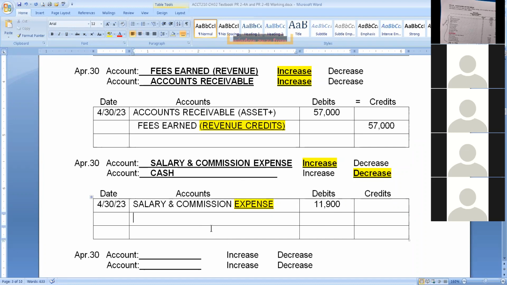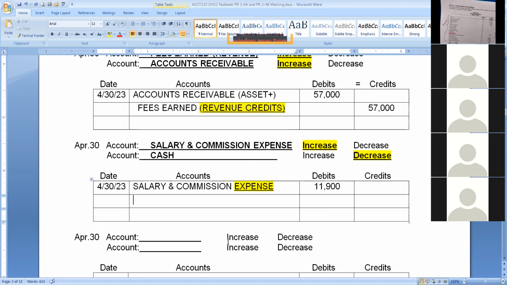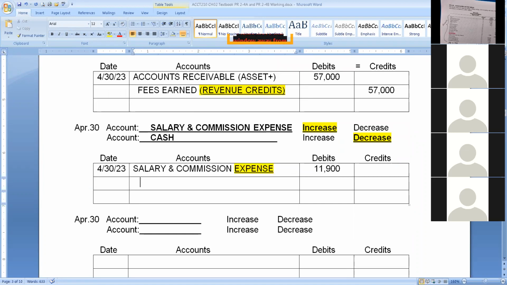And truthfully, you don't have to look up the cash. We know cash goes down with a credit. So cash is going down. And again, if you know one of these, you know the other. That's kind of the beauty of this: if you know what the debit is, you know the other one has to be a credit.